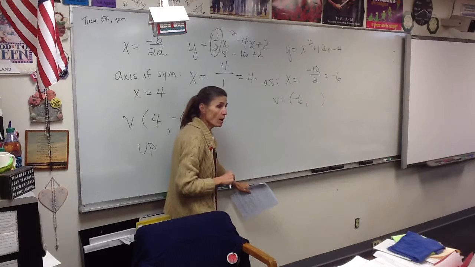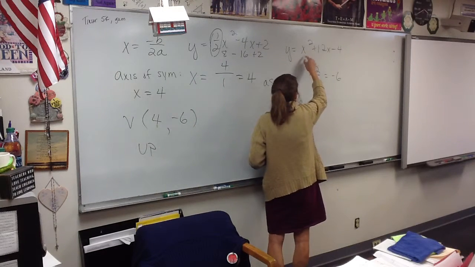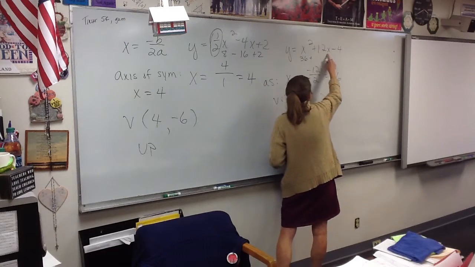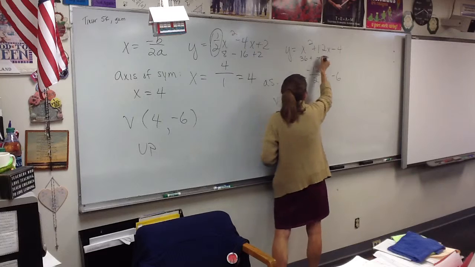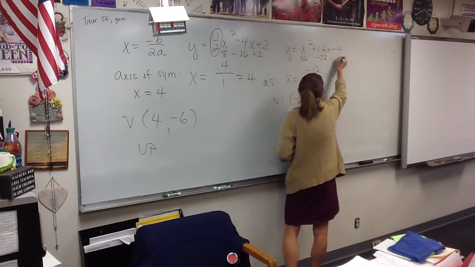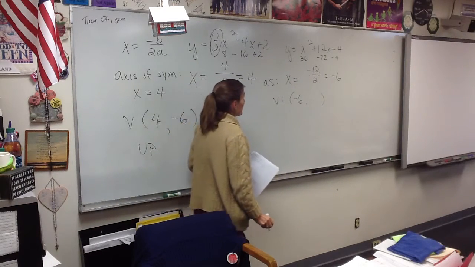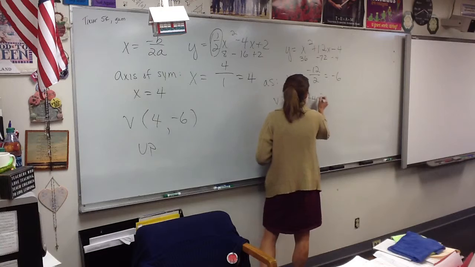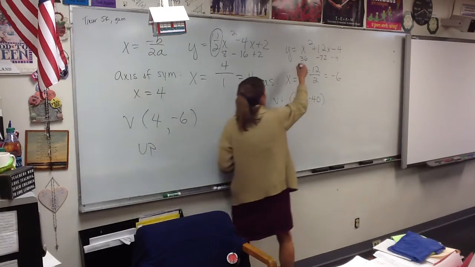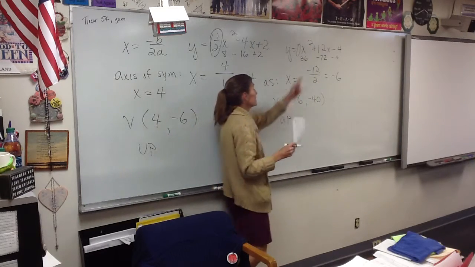So how do I find the y? I plug it in. So negative 6 squared is 36. 12 times negative 6 is negative 72. And then minus 4. So that works out to be negative 40. And which way does it open? Up. Again, because that's a positive.